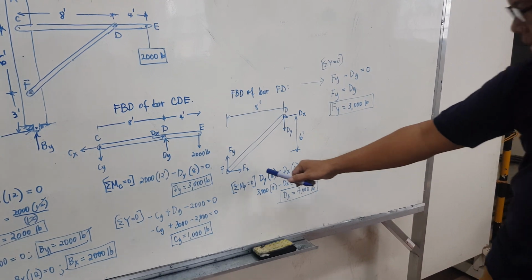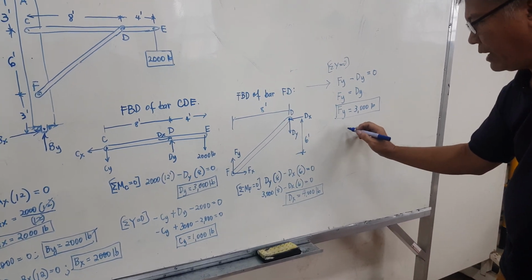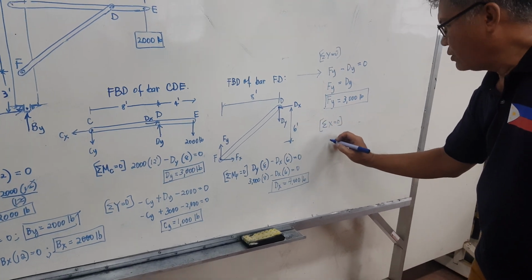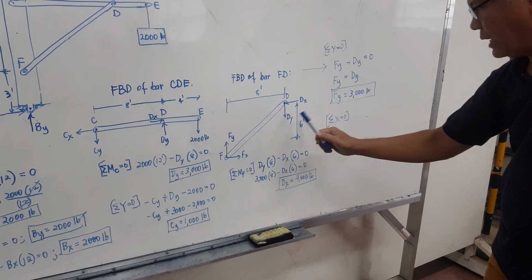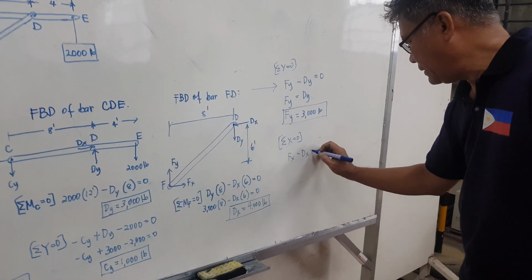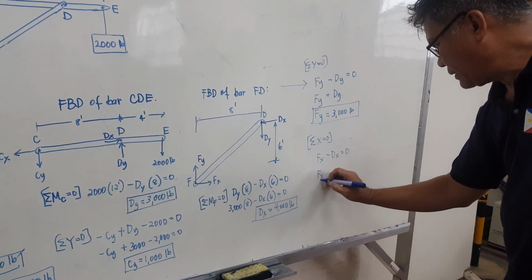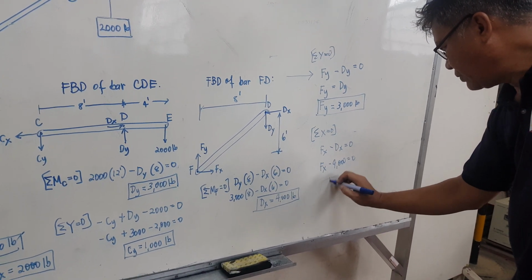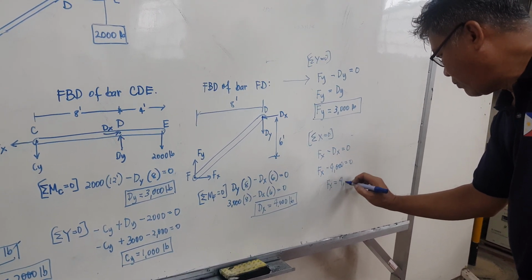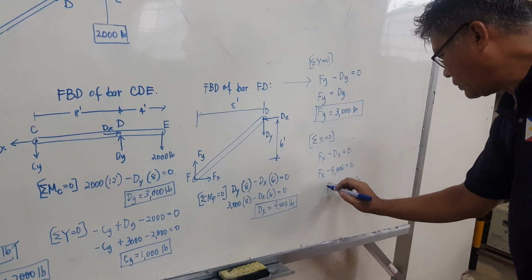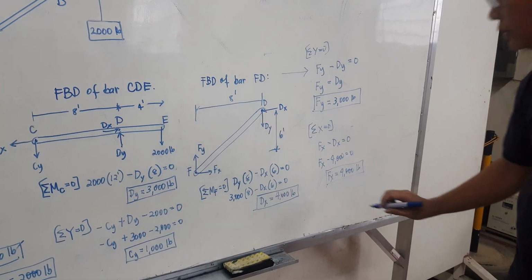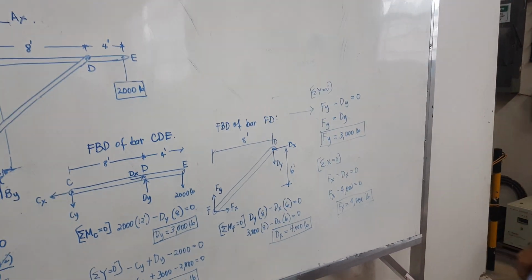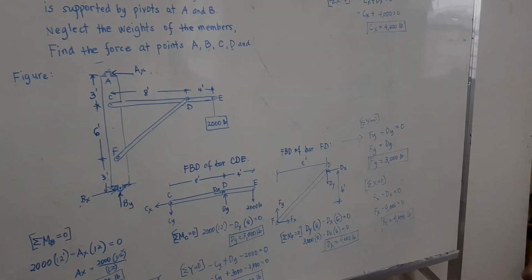And referring back to the FBD of bar FD, we take summation x equal to 0. So we have Fx going to the right minus Dx is equal to 0. So Fx minus 4,000 is equal to 0. So Fx is equal to 4,000 pounds. So that ends all the values of the unknowns for this problem. Thank you very much.